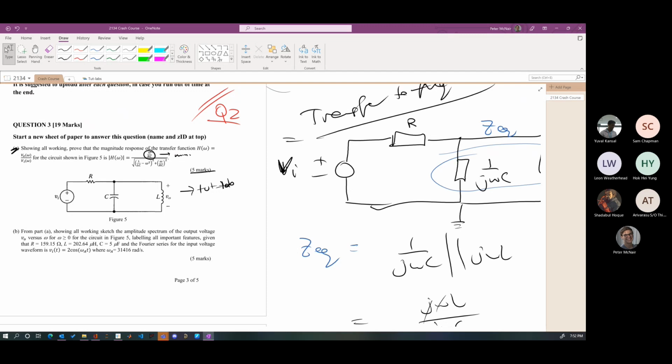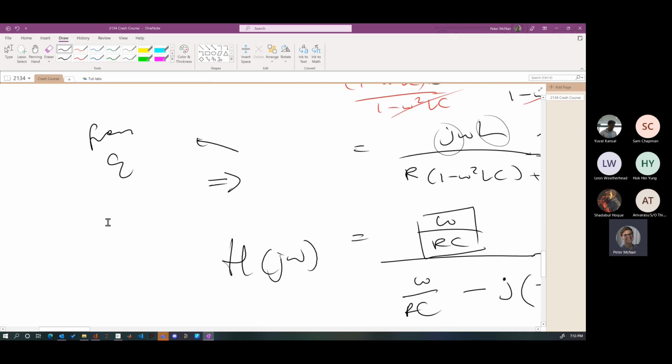So now we're asked to sketch the amplitude spectrum of the output voltage V0 versus omega. We're also given that the input voltage waveform is a Fourier series.